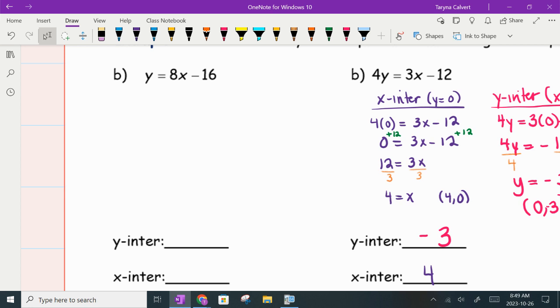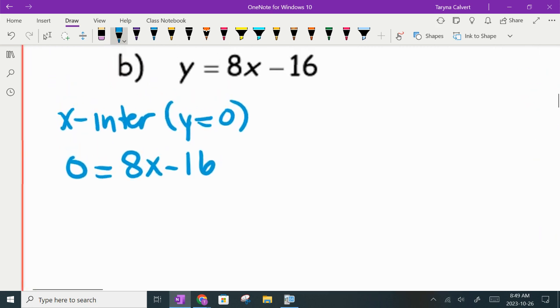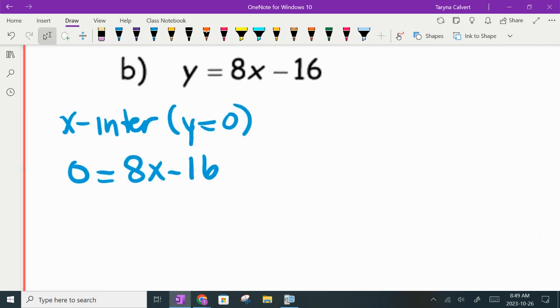Okay. All right, so still going to show the work to it. All right, so x-intercept, so y equals 0. So this one we have a tiny bit of work to do. All right, so take the 16 over, the minus 16 over.